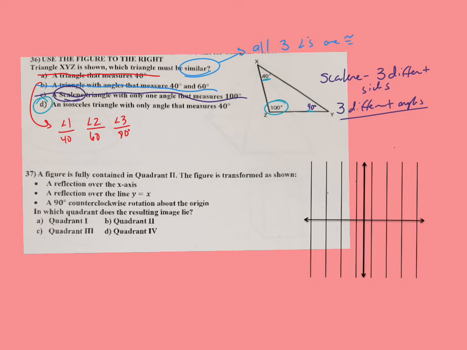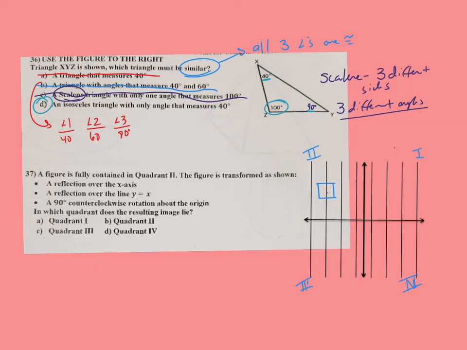A figure is fully contained in quadrant 2. Remember, this is quadrant 1, this is quadrant 2, this is quadrant 3, and this is quadrant 4. A figure is in 2, so that means it's right here. I'm just going to make up a figure. We'll make a square, it'll probably be a little bit easier.